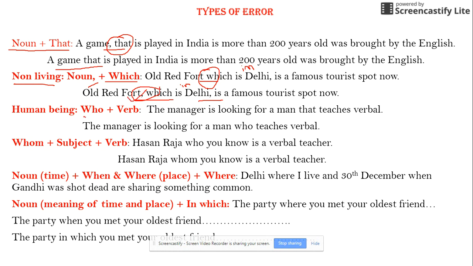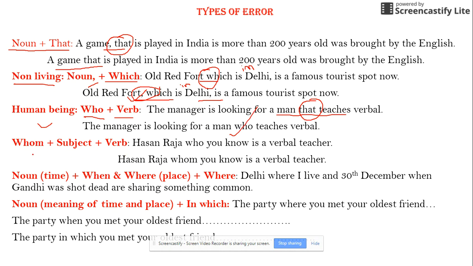Now, when we talk about who, it should be used only for a human being. And remember, after who, there must be a verb. If we don't use a verb and we use subject plus verb, that's incorrect. So: the manager is looking for a man that teaches. Look, here man is a human being, that's why that is incorrect. It should be who. Fine.